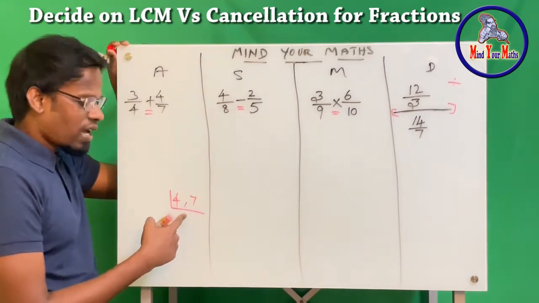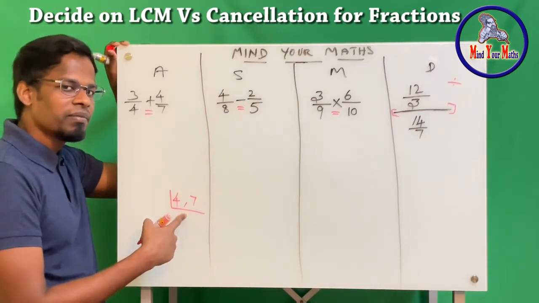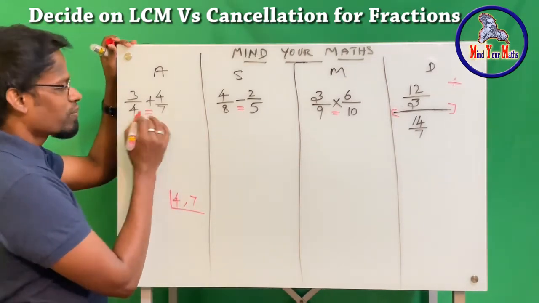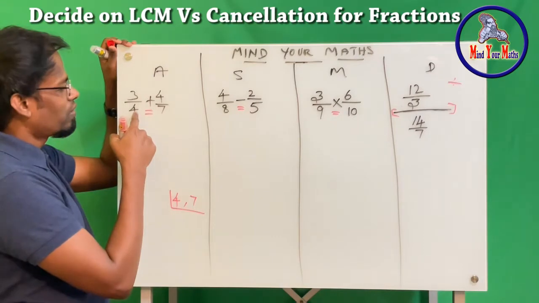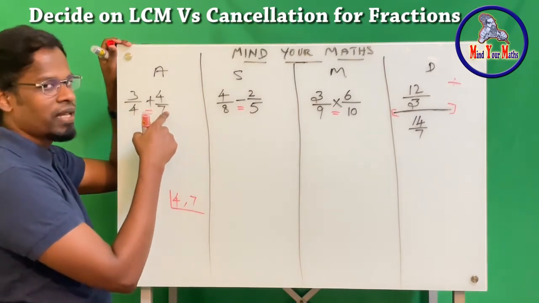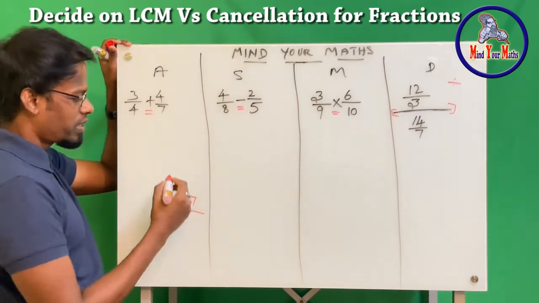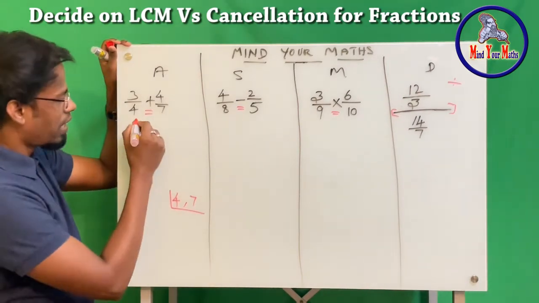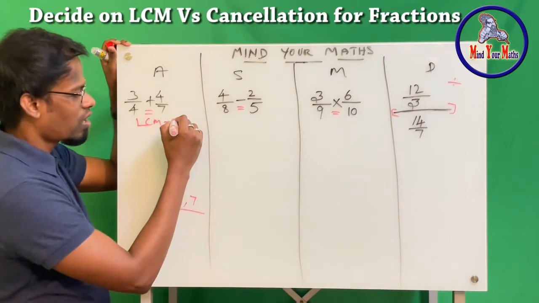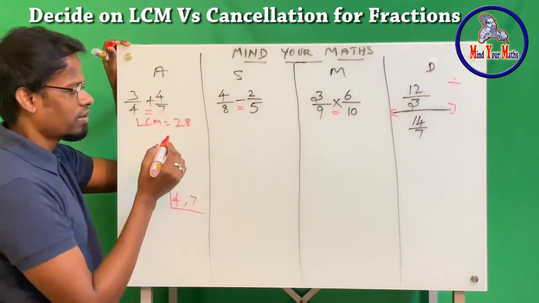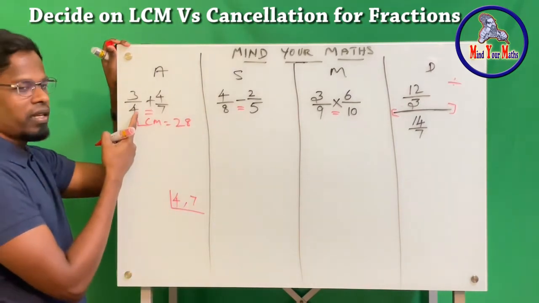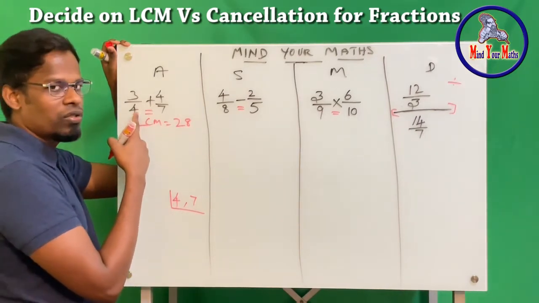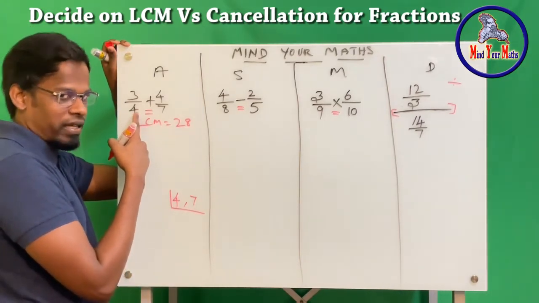So in this case, how do you find the LCM? You just multiply both of them. 4 times 7 is 28, so the LCM is 28. Now the denominator has to become 28.